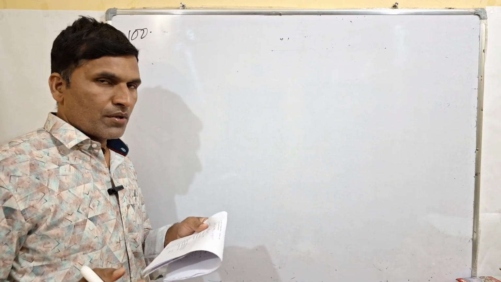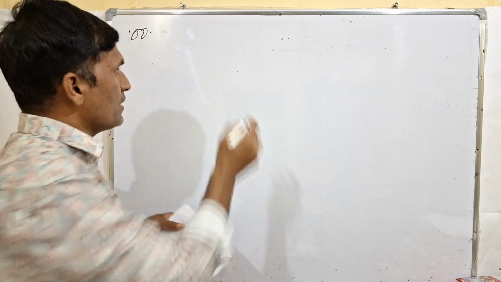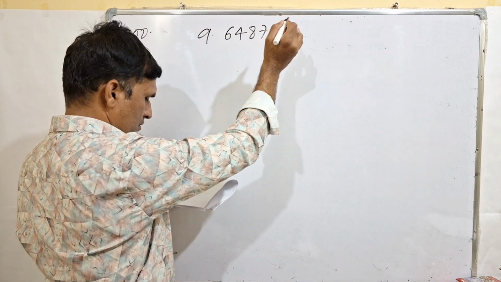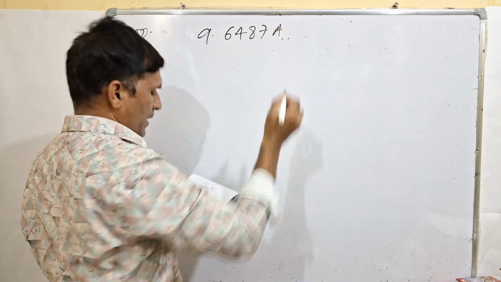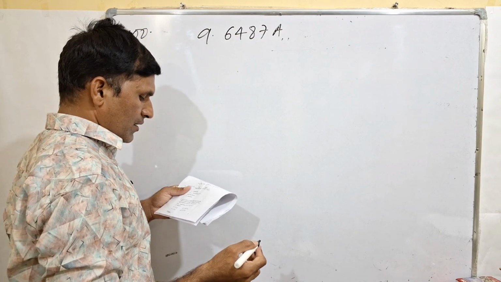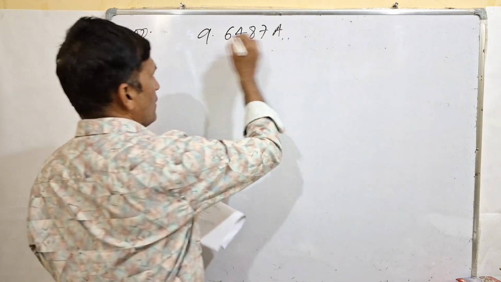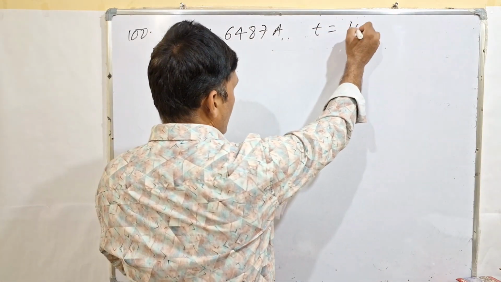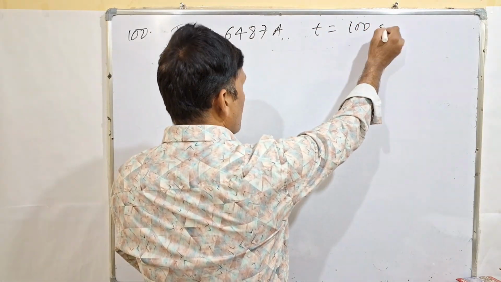Mass of the copper deposited by passing 9.6487 amps of current through a voltameter containing copper sulfate solution. Okay, this is your I, and time t is equal to 100 seconds.